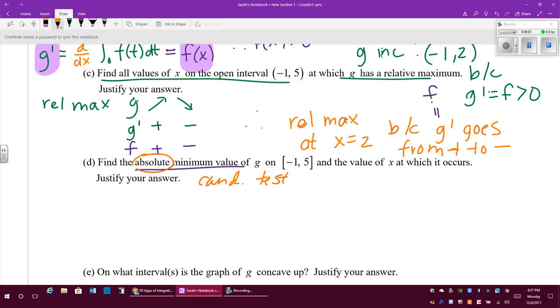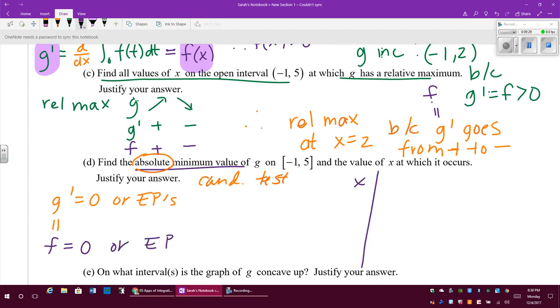So, looking back and thinking about this, all of your candidates are anywhere where g prime equals 0 or endpoints. Well, remembering that g prime is technically equal to f, where are all the places that f equals 0 or endpoints? So we're going to make a table of values. Okay? Our endpoints are -1 and 5.